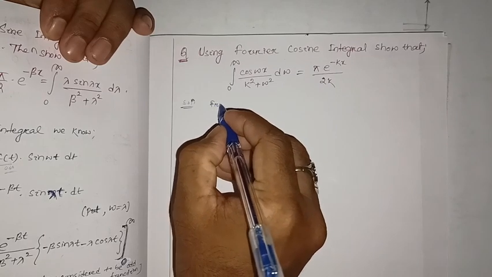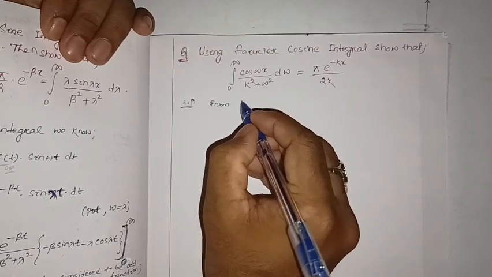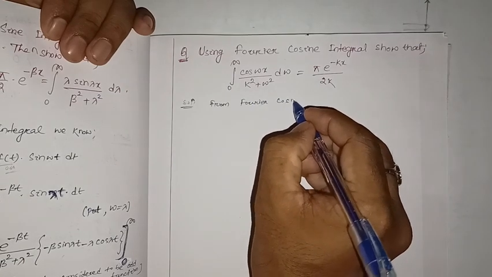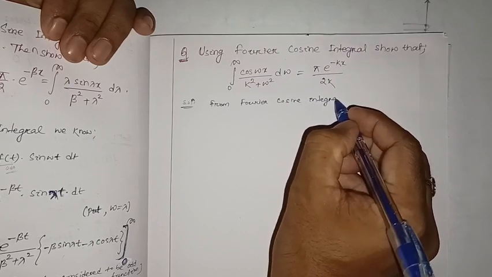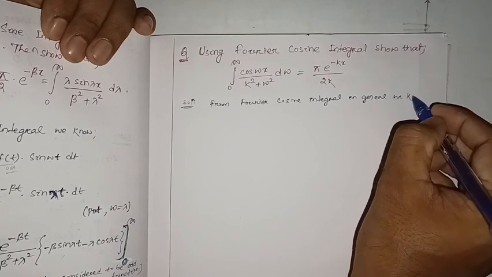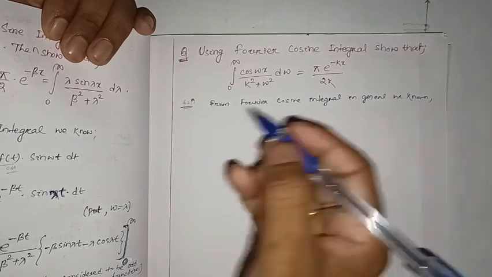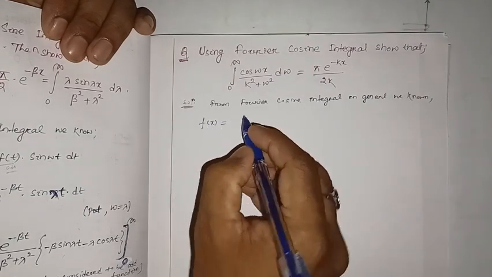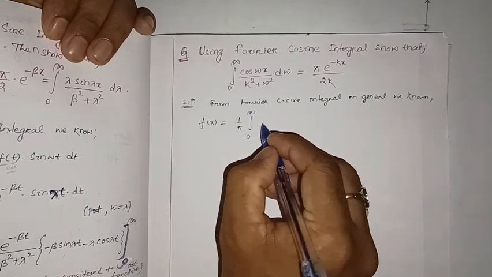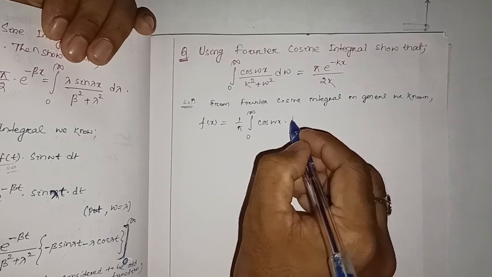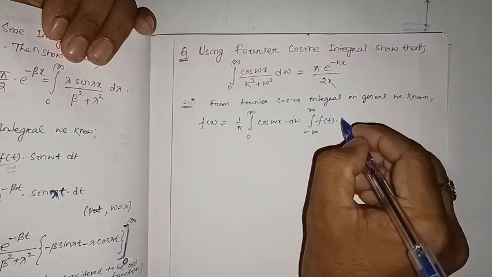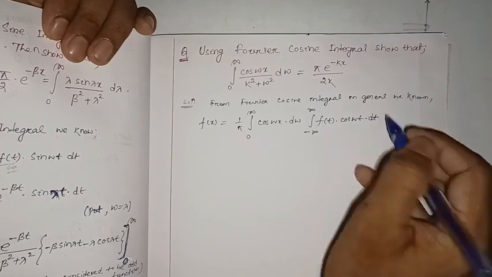From the Fourier cosine integral, in general we know that f of x equals 1 by pi, 0 to infinity cos omega x d omega, minus infinity to plus infinity f of t cos omega t dt.